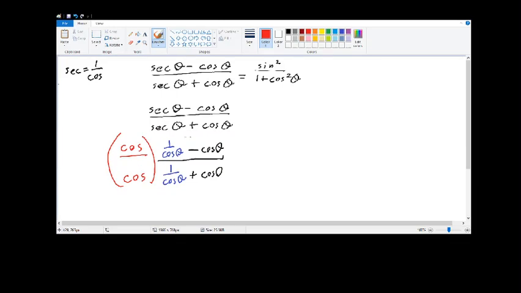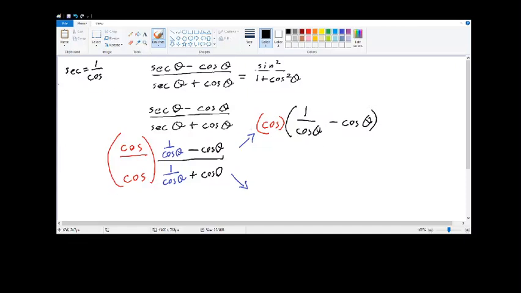Now, when I say that, all that would end up happening is we split this up into two parts, the numerator and the denominator. So the numerator ends up having a cosine being multiplied by 1 over cosine minus cosine.